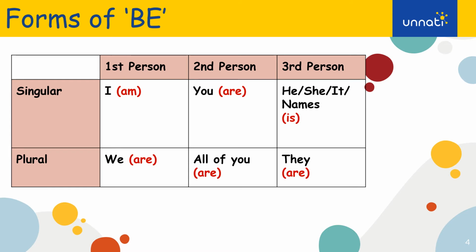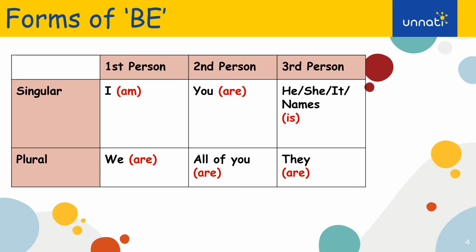When it is second person, you, we also use the are form of the be verb, you are. All of you, second person plural in number, all of you are. But when it is third person singular number, that is he, she, it, or any name, we use is. He is, she is. But if it is they, that is third person and plural in number, we would say they are.